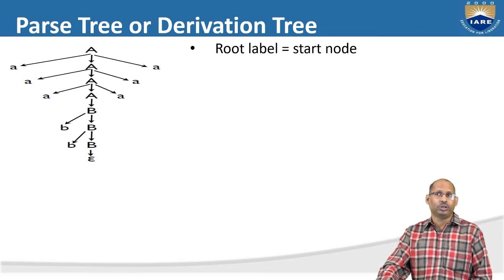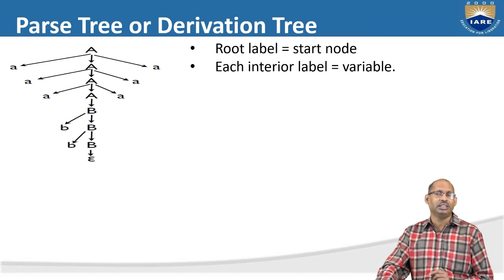Here, the root label is the start node. Each interior label is a variable, right? The capital A's, capital B's are the interior labels, which are all variables, right? The root label is the start node, that is the starting variable. Always the starting variable we represent in the grammar as S, right?